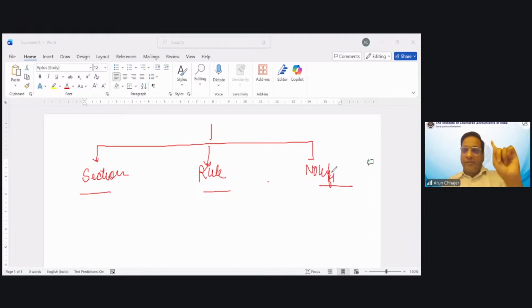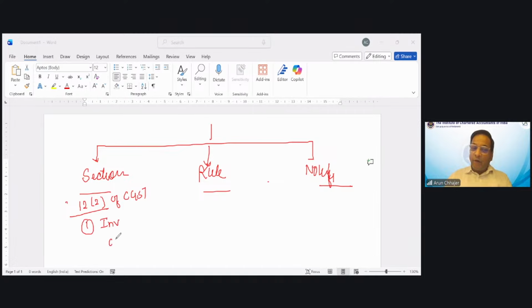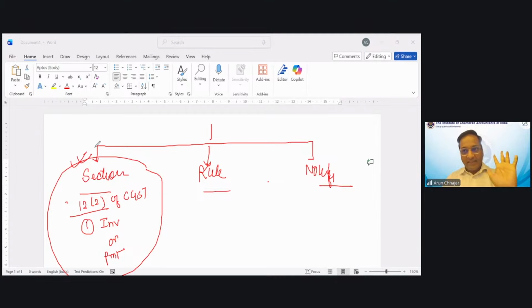In case of goods, they have not changed the provision at all. If you talk about section 12 subsection 2 of the CGST Act, still they are saying date of invoice or payment, whichever is earlier. Agree? Yes, sir. So the same thing which they have written in the institute material, they have referred to the section only. Is this clear so far?